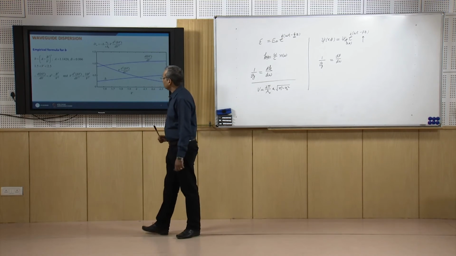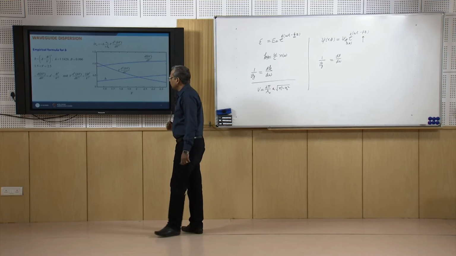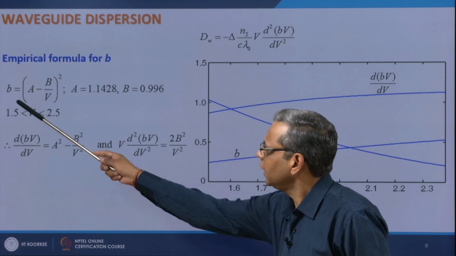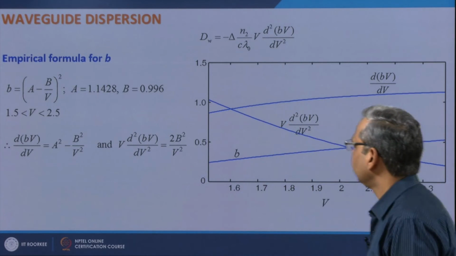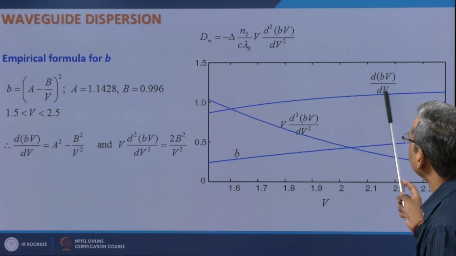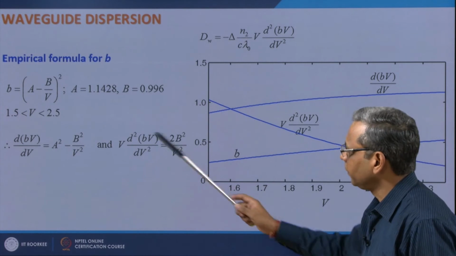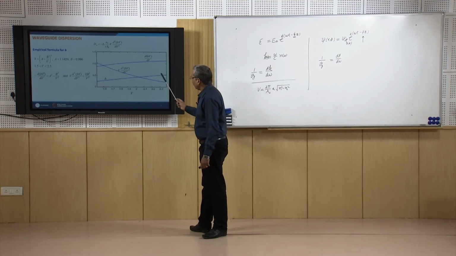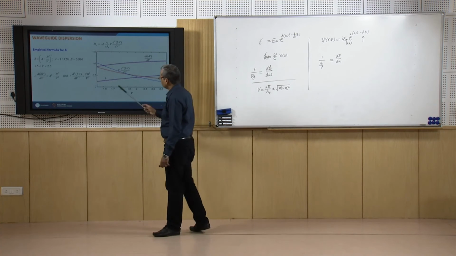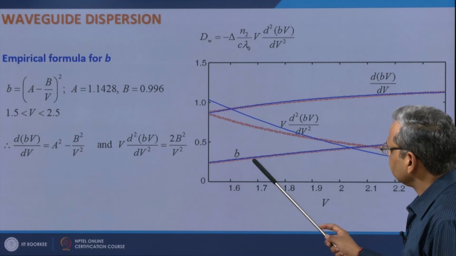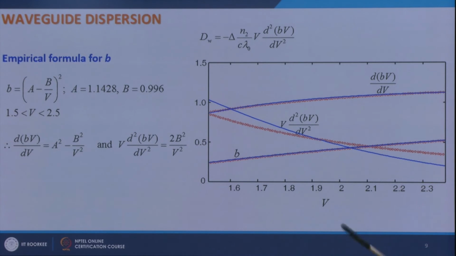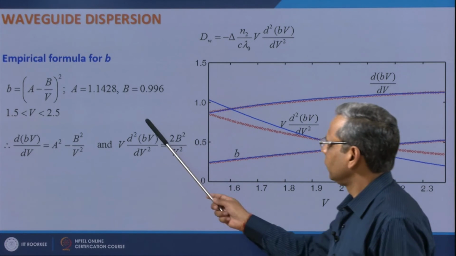For that, I have plotted the variation of b as a function of V from the empirical relationship, and this and this obtained from the empirical relationship also. I have plotted it here as red circles. So, these red circles show the variations of various terms with respect to V as obtained from the empirical relationship.